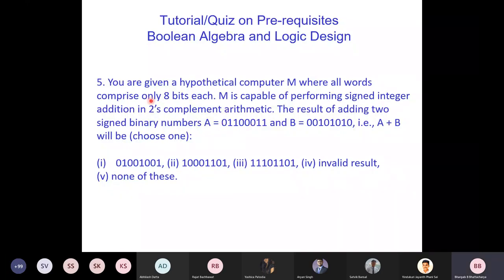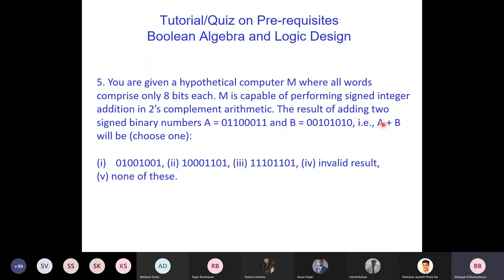This is an 8-bit 2's complement number, and this is an 8-bit 2's complement number. These two numbers are given as input, and I have a full adder circuit. I feed these two inputs into a ripple carry adder. What will be the value of A plus B?